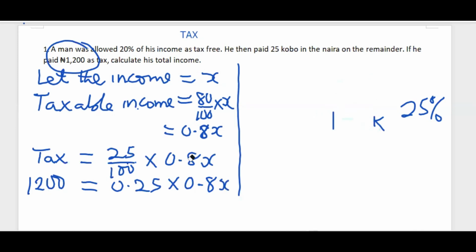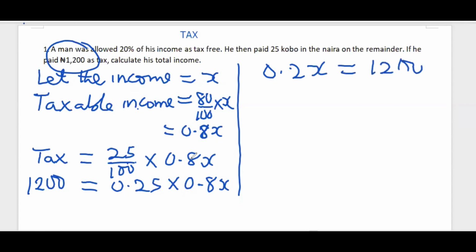So from there, we can simplify with our calculator. If you do 0.25 multiplied by 0.8, it's going to give you 0.2x, which we equate to 1,200. So we can now divide both sides by the coefficient of x in order to find x, which represents our income.